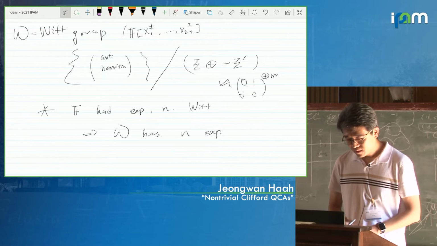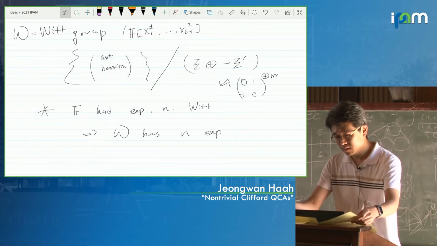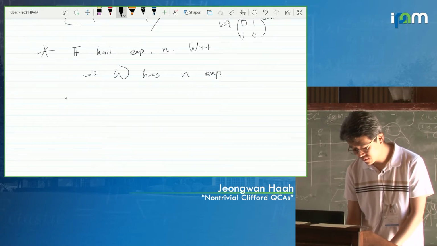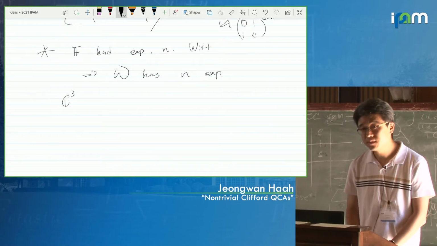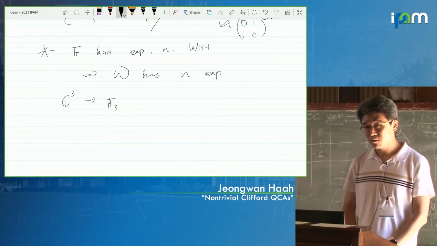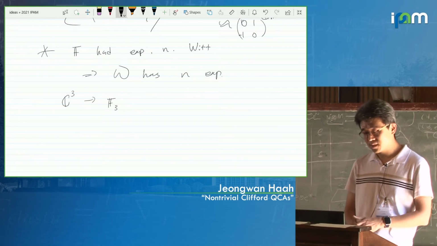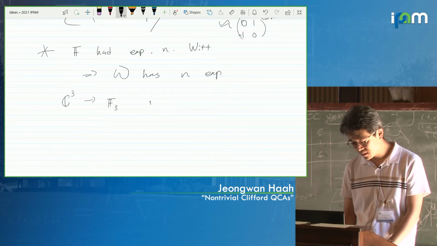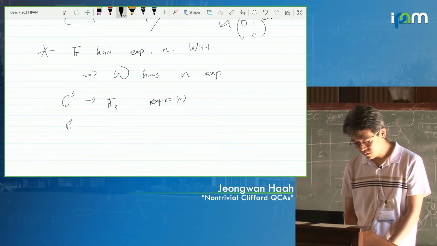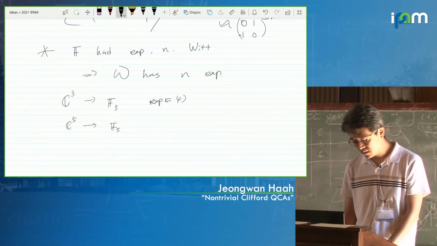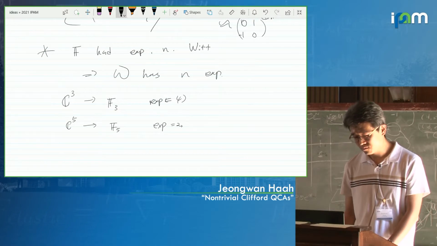So if you had a qutrit, for example, then you are calculating the Witt group with coefficients in F3, and there the exponent is 4. And if you have 5-dimensional qudits, then the exponent is 2.